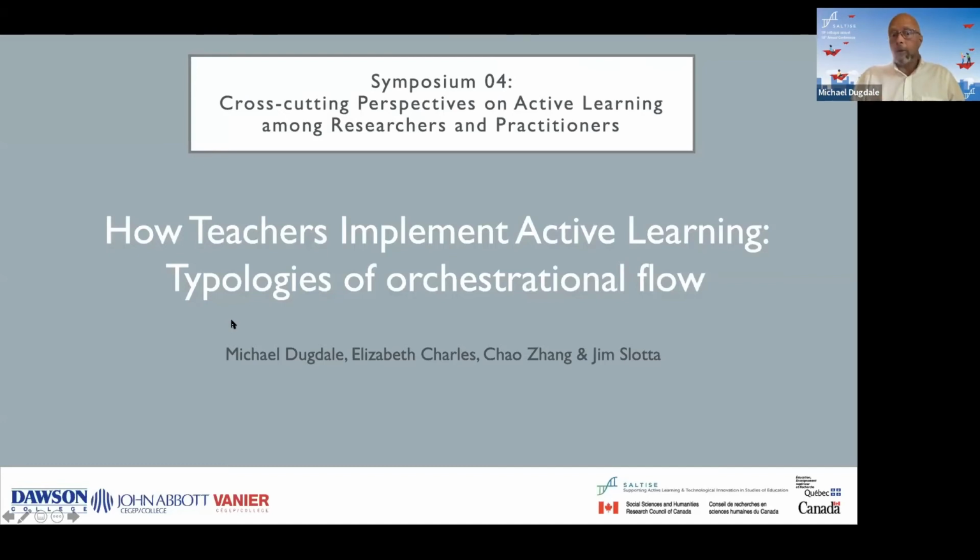We were really looking at, the title's a little bit ambitious, how teachers implement active learning, typologies of orchestrational flow. What we wanted to do is, rather than come at it from the learning sciences side, come at it from the active learning side. What are teachers doing in the wild? Can we categorize it? Can we create some sort of typology of what we see? And what can we learn from that?